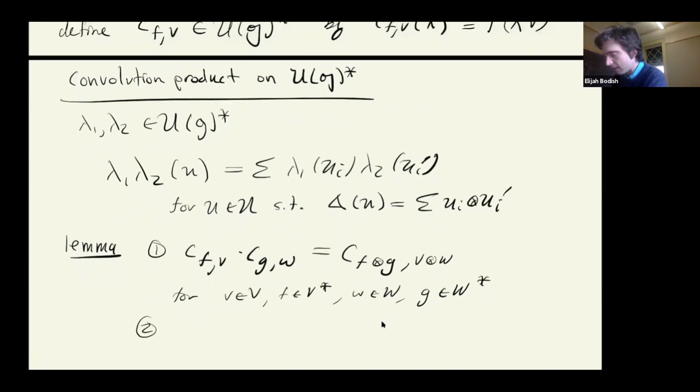And then I also have additivity: C of f,v plus C of g,w is the matrix coefficient of the sum of those maps acting on the direct sum of those two representations.